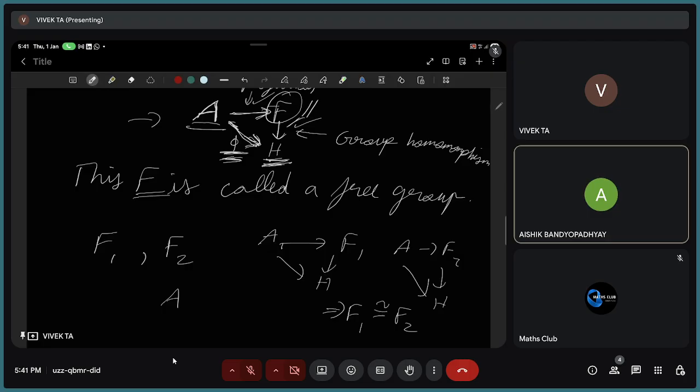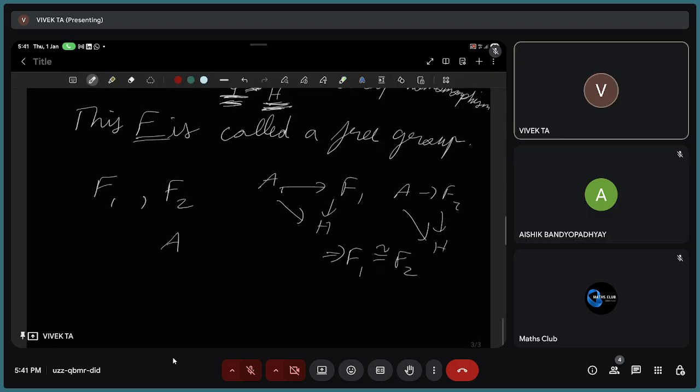Okay. So essentially, proving this part is in fact easy. You can take H to be F2. So this is commutative, and then you can take F2 here and F1 here.